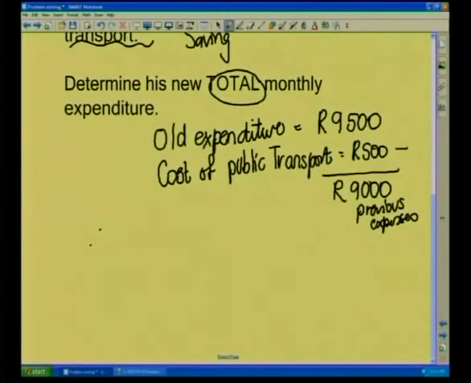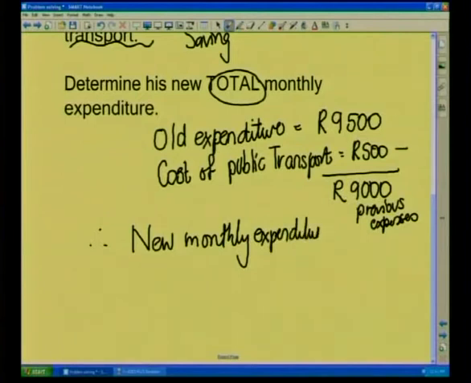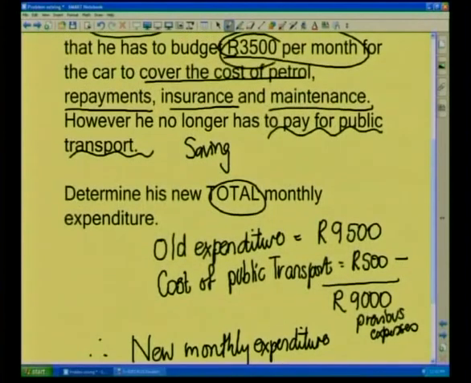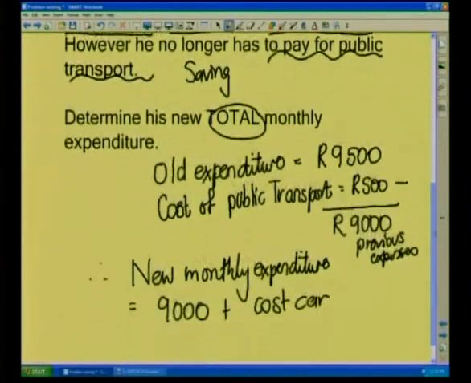So therefore, our new monthly expenditure is going to be the 9,000 Rand from the old one, plus the cost of the car, which they've told us to be 3,500 Rand a month.